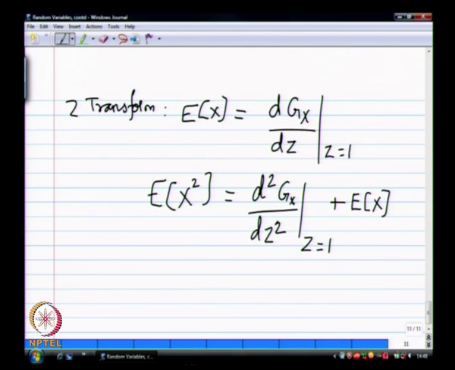So simply differentiate with respect to z once or twice, at z equals 1.